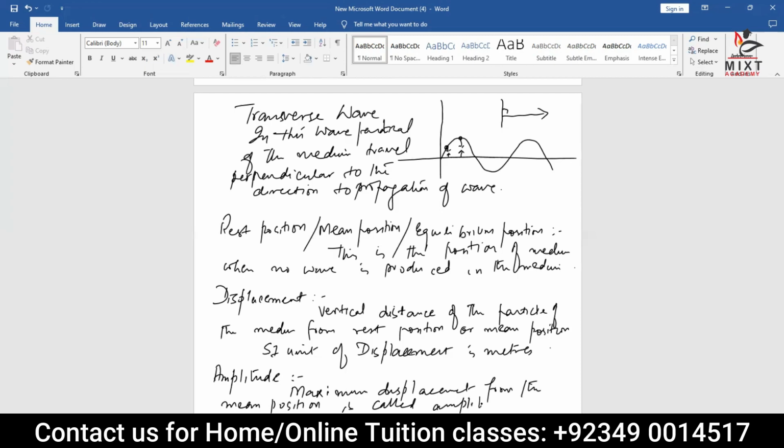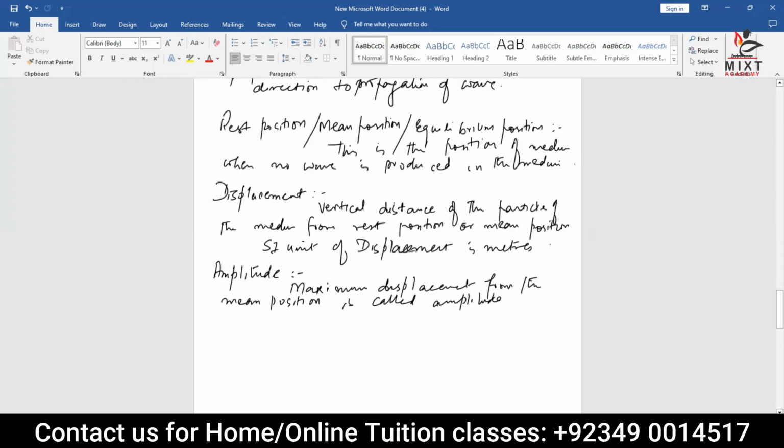For example, here the maximum point is this, so this distance is called amplitude. So it means that all the amplitudes are displacements, but not all the displacements are amplitude. The unit is the same, meters.